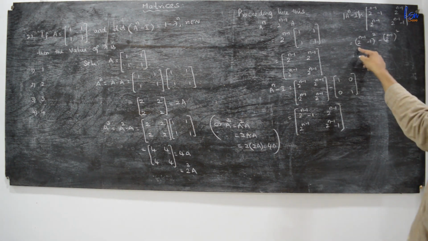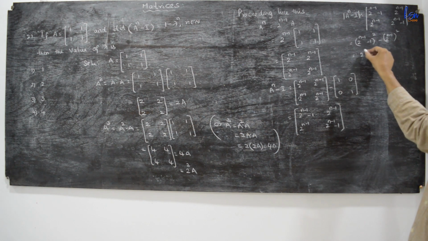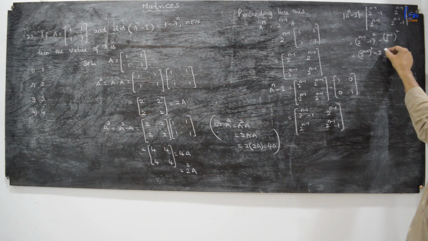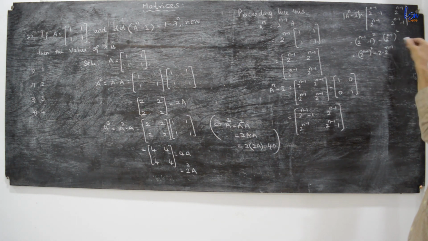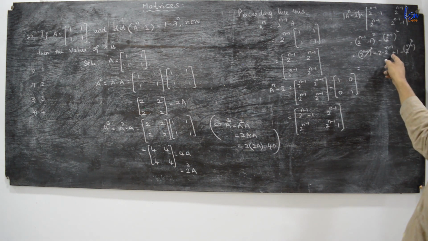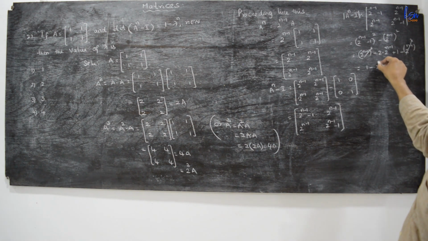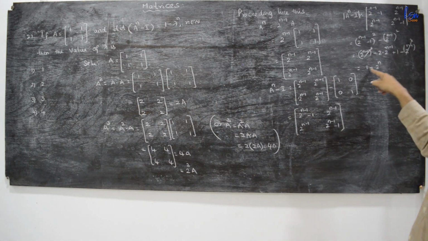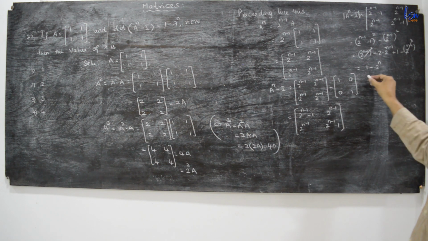It is in the form of (a minus b) whole square: (2 to the power of n minus 1) whole square minus 2 into 2 to the power of n minus 1 plus 1 minus (2 to the power of n minus 1) whole square. These two terms get cancelled and this is 1 minus 2 to the power of n. So det of A power n minus I is equal to 1 minus 2 power n.